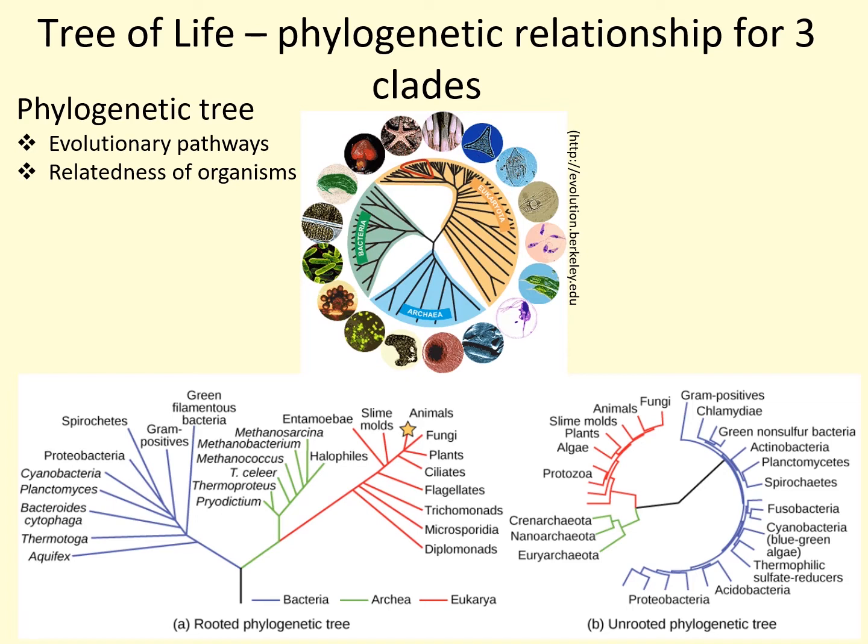So here are all these organisms on the planet, but there are three big major groupings that all the organisms are placed into. Two of which are the prokaryotes. That's going to be bacteria and archaea, and you can see them on here as well. And then the one group that we're in is Eukarya.